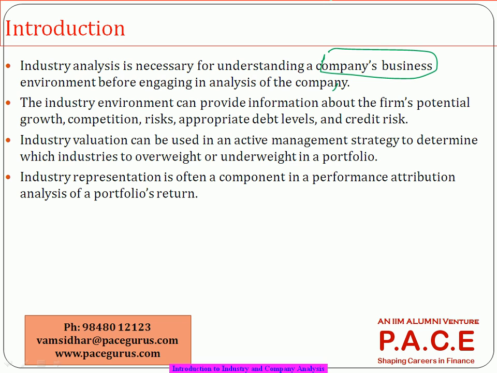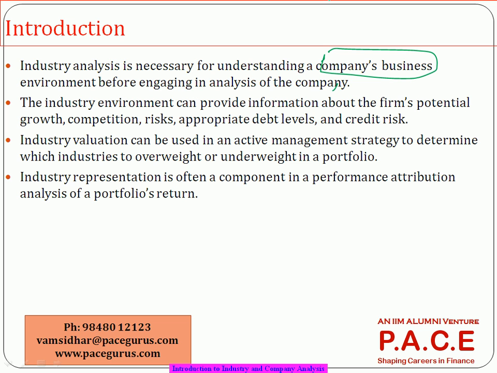So what we are talking of is, unless I understand the industry, because as an analyst I need to know what is the growth of this industry in our country, right? Probably Hindustan Unilever, or the parent company, the Unilever group, may not be equally successful in all the countries.